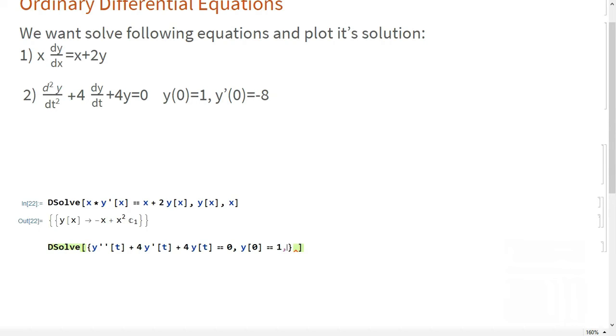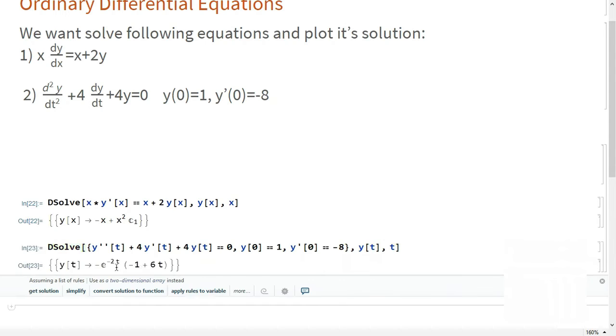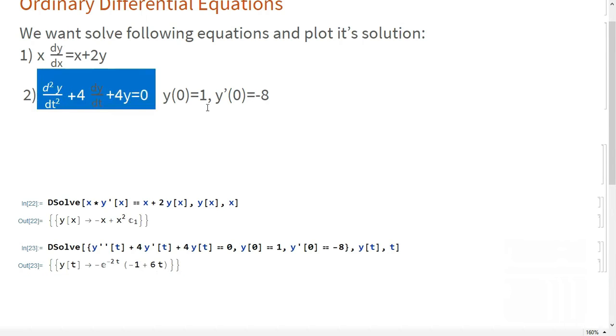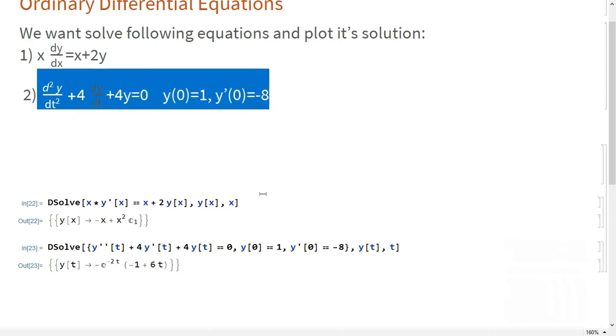And then you type y prime of 0 equals minus 8. And then as before, we type the expression we want and the independent variable. If we run the code, you can see that Mathematica has given us the complete solution to the initial value problem that was mentioned in 2.